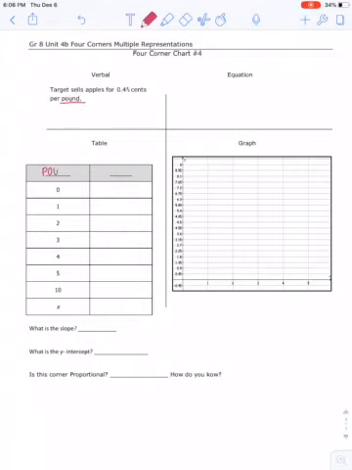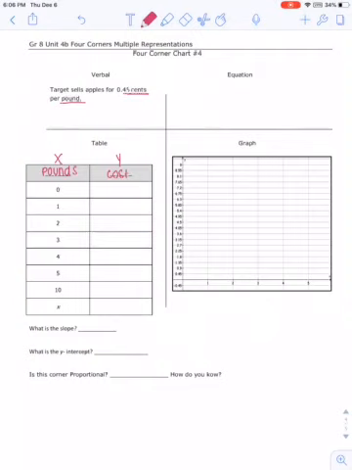So pounds is my X value, and my Y, or my dependent variable, would really be the cost, because there is a money aspect here that depends on the amount of pounds of apples you purchase.